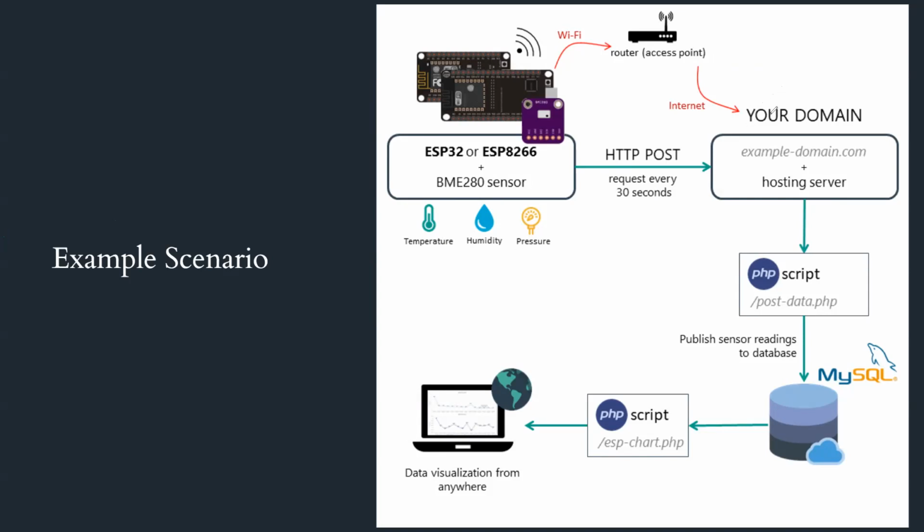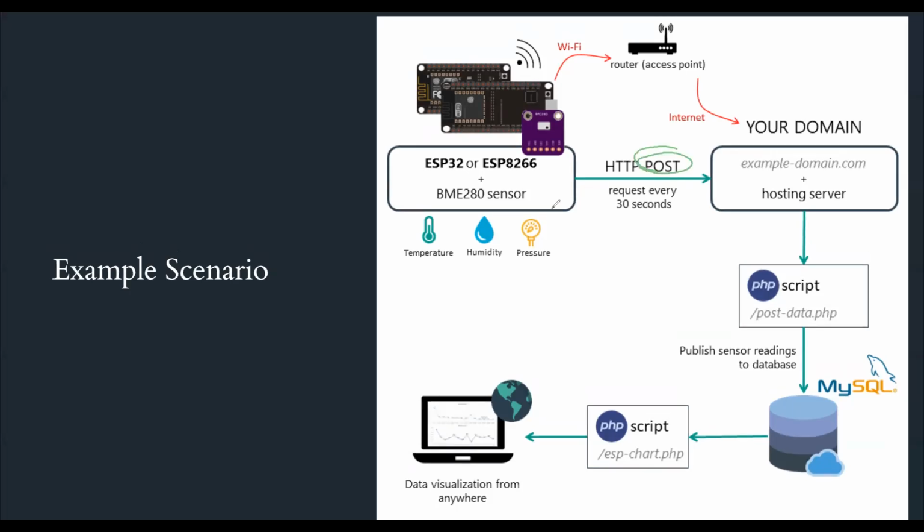Once the connection with the internet is made, we use the HTTP protocol to access the application. So the application is the example domain.com website. We use the HTTP protocol to access that website, and we use the request method post to post the sensor data to the website, right? So it is stored in the server. So we can use this method to update data in the server.